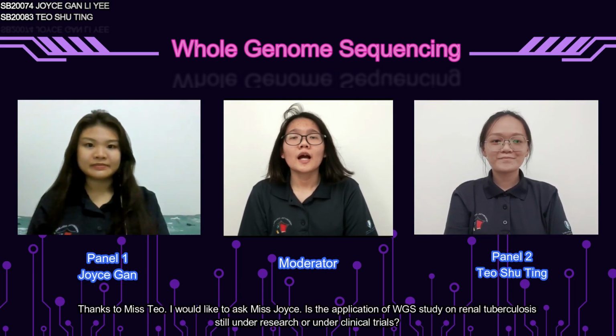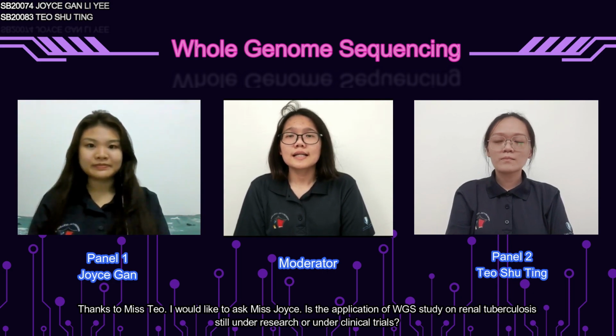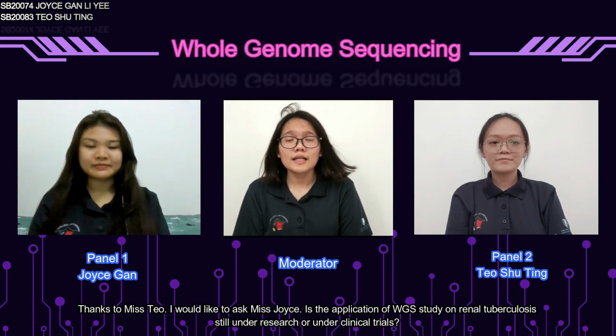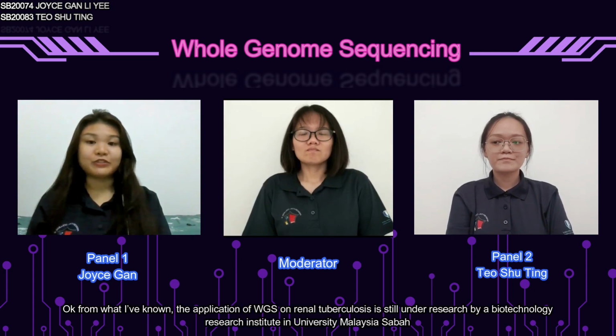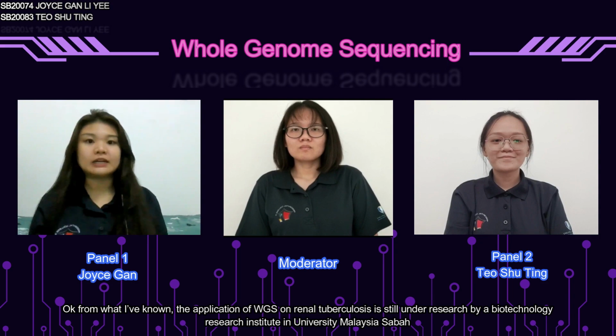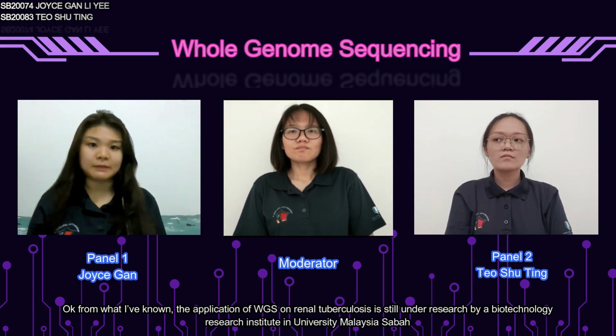Thanks to Miss Jo. I would like to ask Miss Joyce, is the application of WGS study on renal tuberculosis still under research or under clinical trials? Okay, from what I know, the application of WGS for renal tuberculosis is still under research by a biotechnology research institute in University Malaysia Sabah.